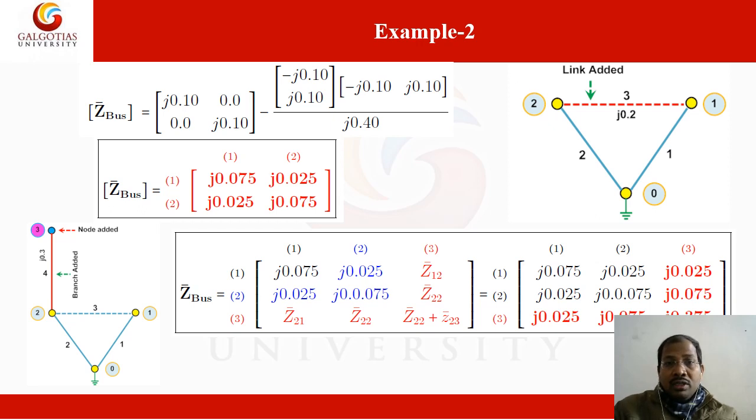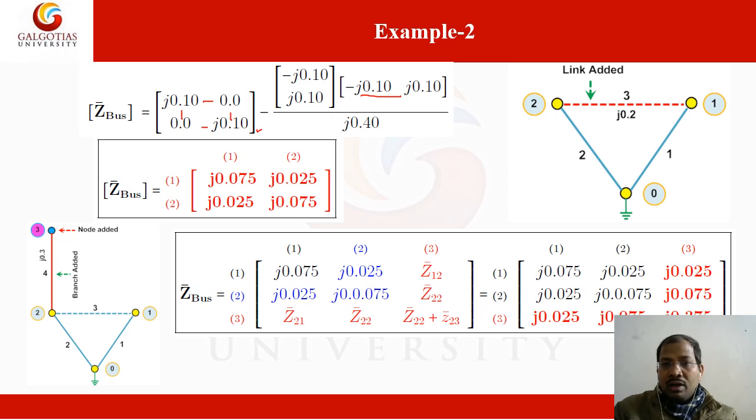Here the ZBus is given by ZBus minus, between 2 and 1, so we have Z2 minus 1. We subtract these values and put them here column wise, and this one is the row wise subtraction.